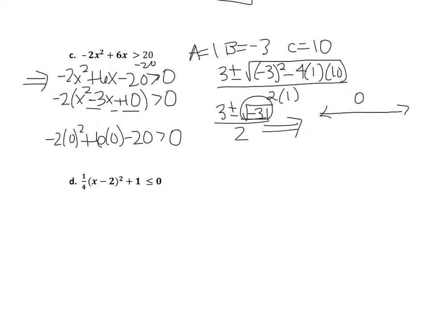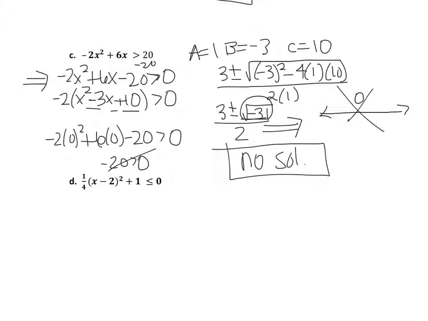This gives me -20 is greater than 0. Is that a true or a false statement? That's a false statement. So that means there's going to be no solutions to this problem. There's no interval, no number, nothing that we could plug in that will give me a true statement ever.